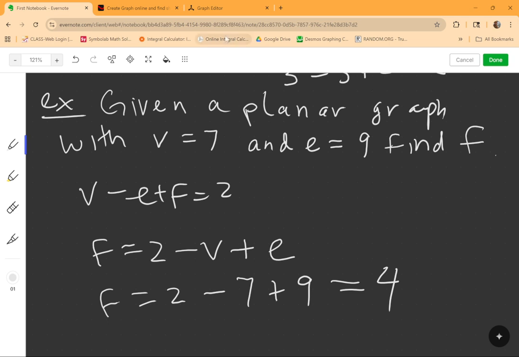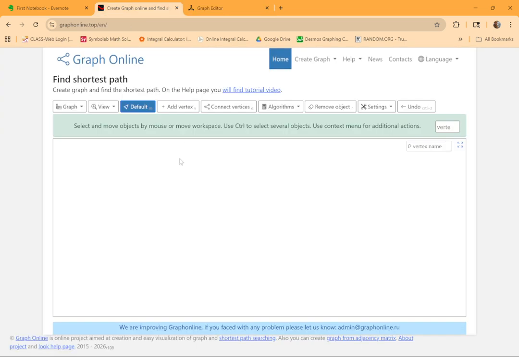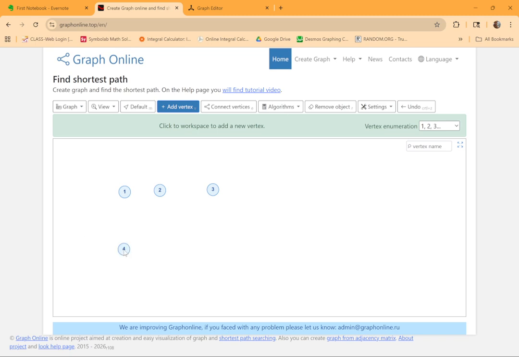Okay, so now let's see what that looks like here. So vertices, we'll go 1, 2, 3, 4, 5, 6, and then 7. All right, and now I need 9 edges.